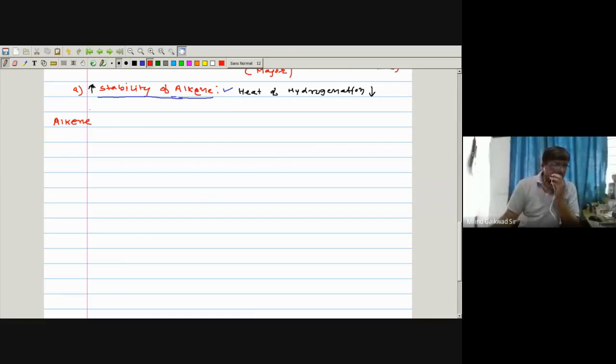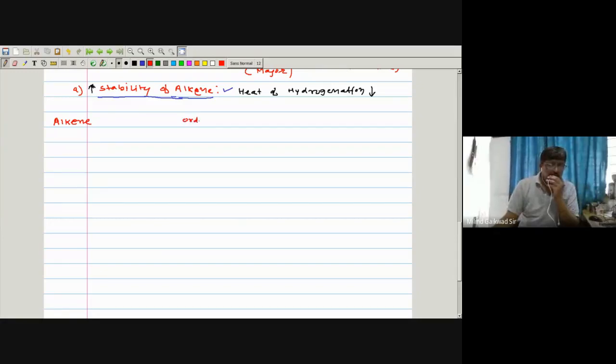We should know which have the lower and which have the higher, right? So here we'll take some example. Here is the alkene. Then you have to find out the substitution pattern, whether it is a mono or di substitution, and you have to find out the heat of hydrogenation.